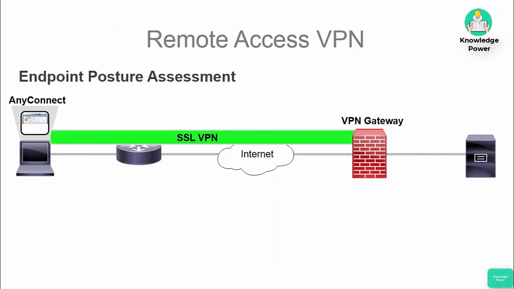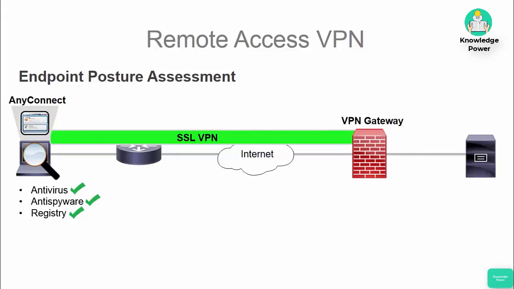One cool feature that can be integrated with AnyConnect VPN is Endpoint Posture Assessment with the AnyConnect Posture module. Endpoint Posture Assessment has the ability to scan an endpoint for things like antivirus and anti-spyware to determine if it's a compliant endpoint or not.